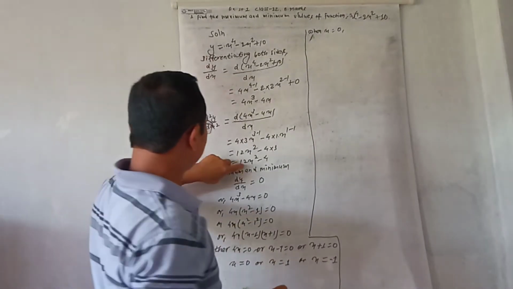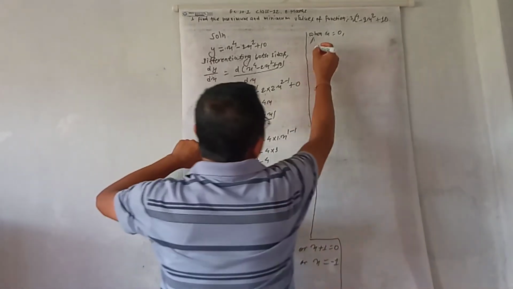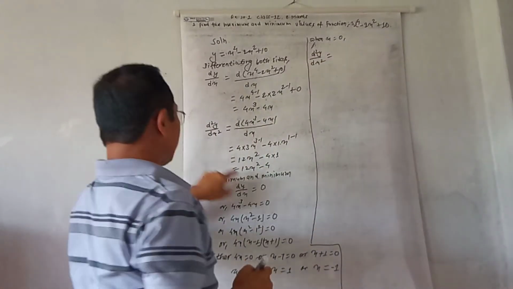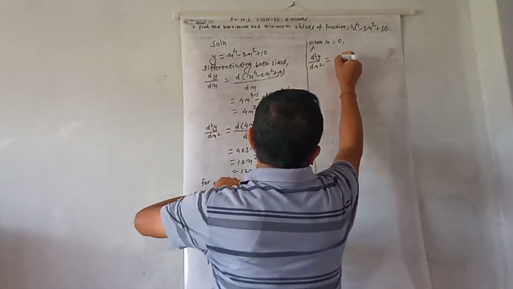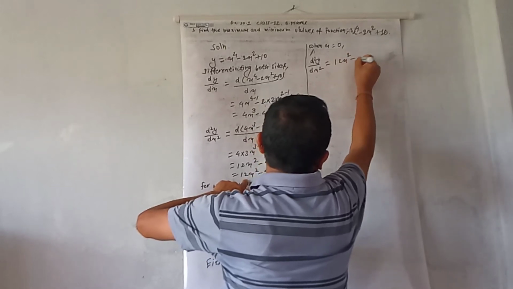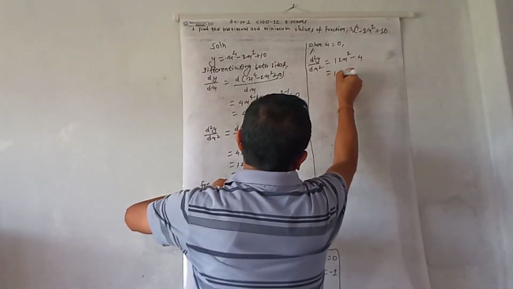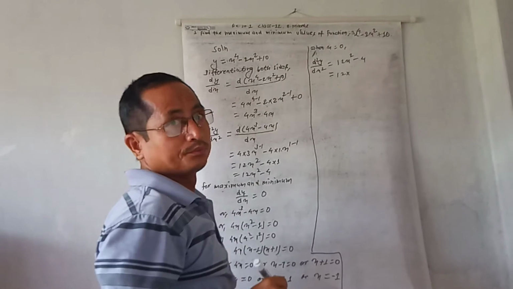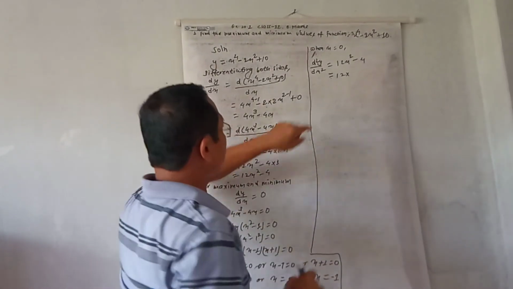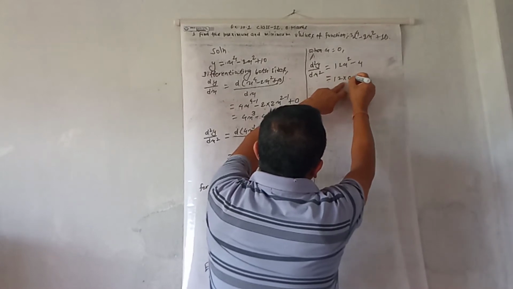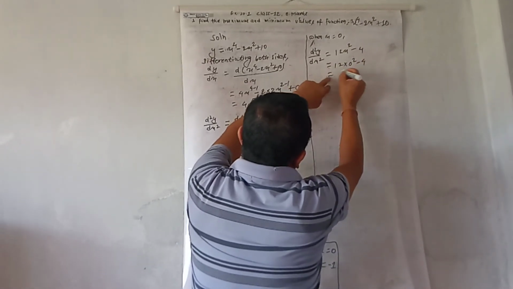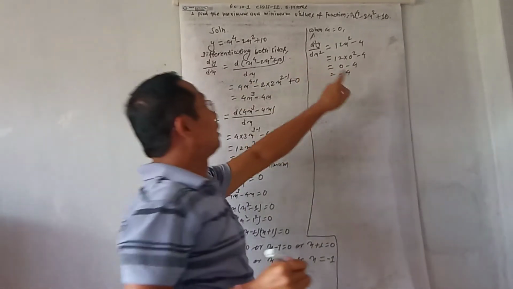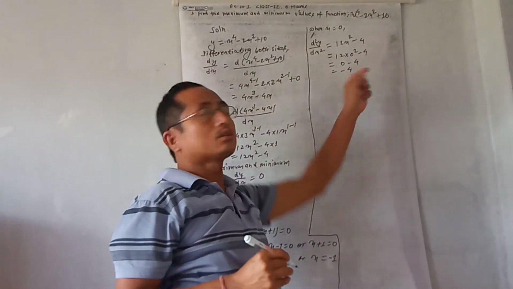The second derivative is 12x square minus 4. I mean d square y by dx square equals 12x square minus 4. The x value is 0, so in place of x we put 0: 12 into 0 whole square minus 4. 12 into 0 means 0, minus 4 is equal to minus 4. Then d square y by dx square is equal to minus 4.